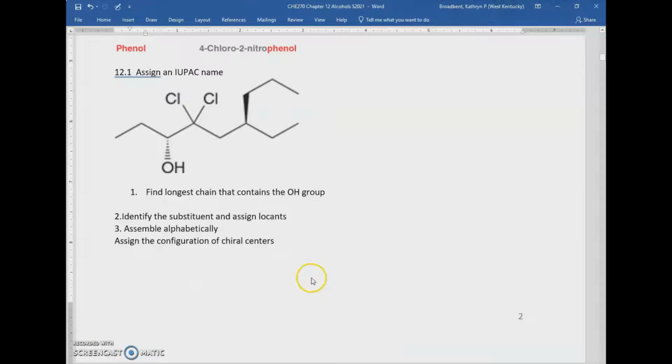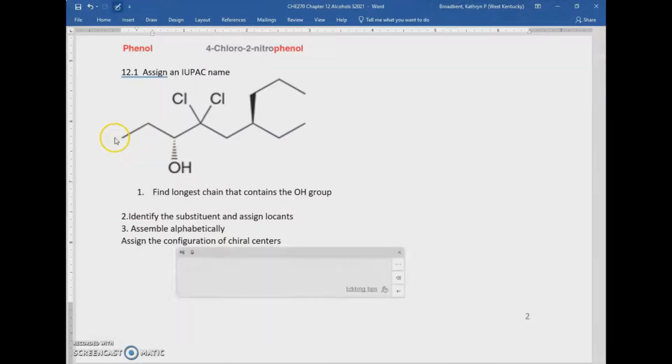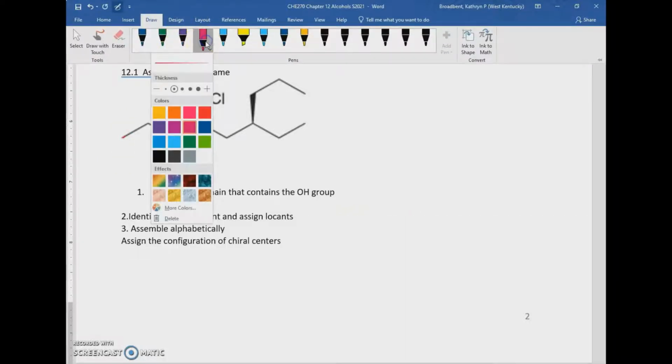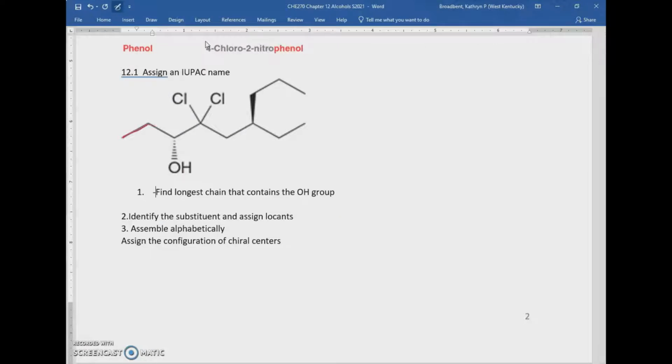So we're going to follow these actually 4 steps. First, we'll find the longest chain that contains the hydroxy, and we'll start here, and we'll go up because that gives us the longer chain.